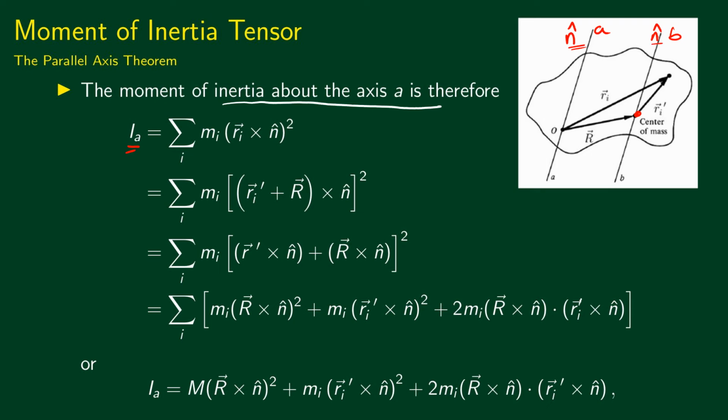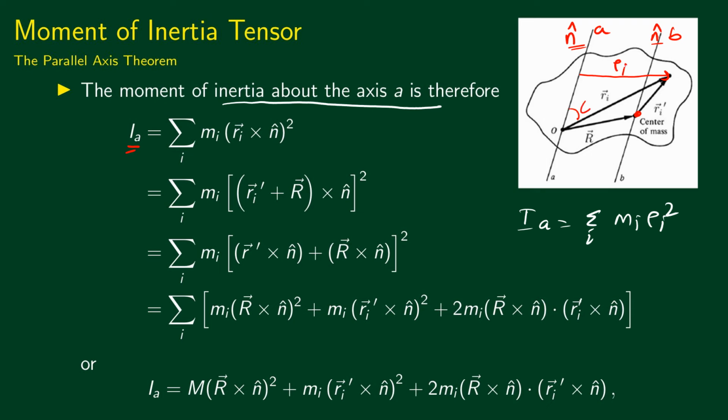Both these directions are the same, so we can denote them as n hat. Now we know that the expression for the moment of inertia is I_A equal to sum over i m_i rho_i square, where rho_i is the perpendicular distance from the axis to the ith particle.